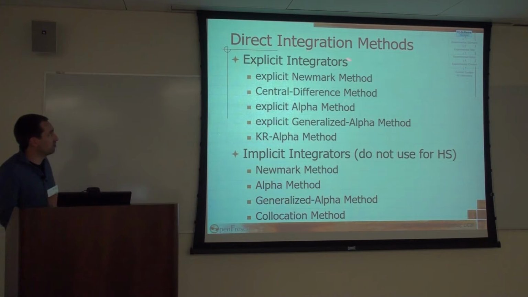So we have a whole range of explicit integrators. The more recent one that we just added is the KR-alpha method that was developed by a student of Jim Ricles at Lehigh University. So it's a very new method that's available in OpenSees. We have several implicit integrators that are the general ones, which you should not be using for hybrid simulation, such as the Newmark method, alpha methods, and so on.